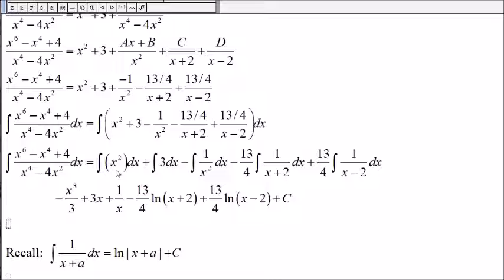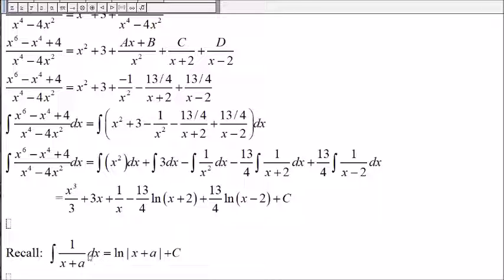The integral of x squared is x to the third over 3. The integral of the constant 3 is 3x. The integral of 1 over x squared is negative 1 over x. And so we have minus times negative 1 over x, which is plus 1 over x.